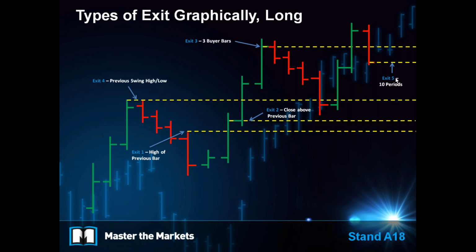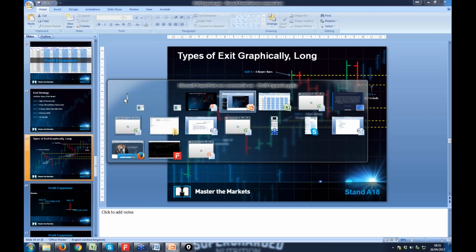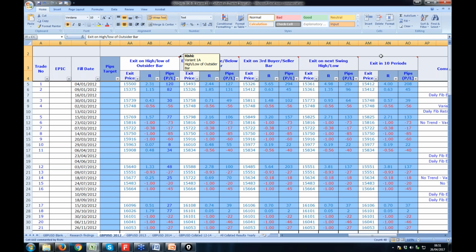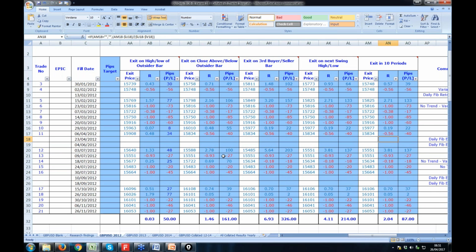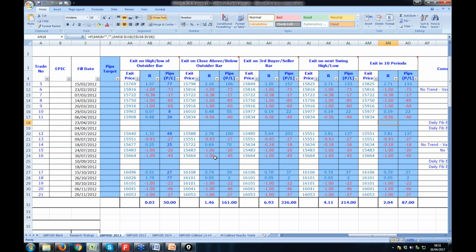Now, obviously, if you're going short, we'll just take everything the other way. And then you can, obviously, take the trade short if you're looking to take the trade short. What you're also looking to do is understand where the optimal exit point is, and that's why we've done these tests just here. So what we've done on our Excel spreadsheet is gone over the 5 different exits and asked ourselves, what would we have made each time for each exit should we have used that particular opportunity?